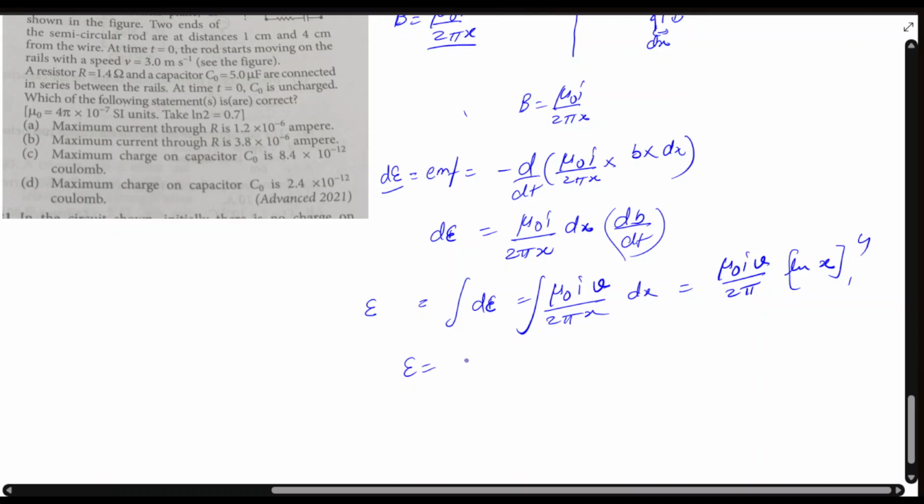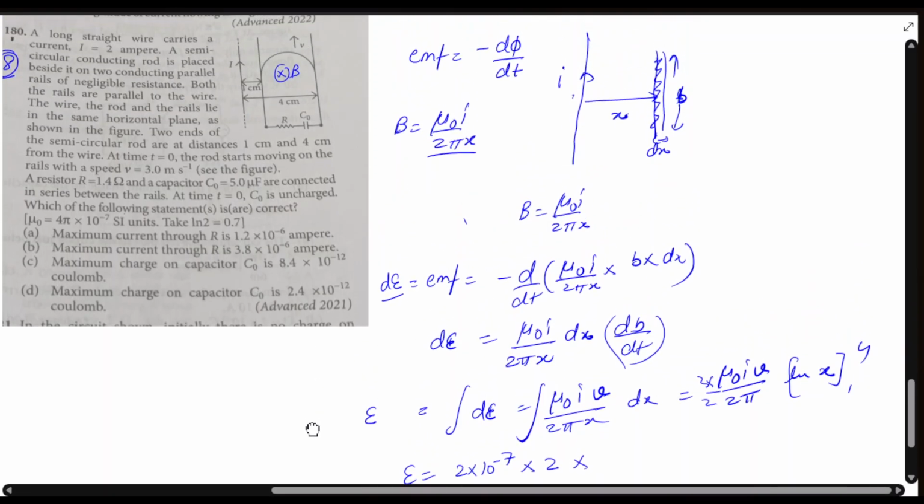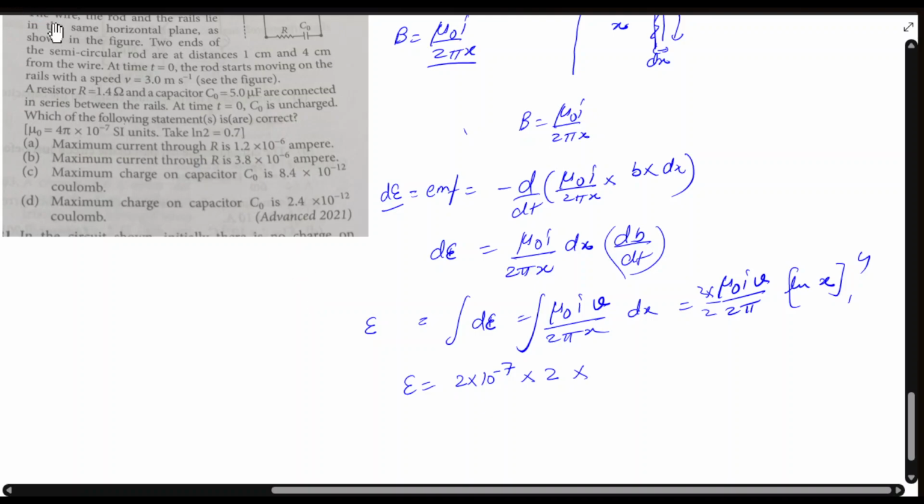EMF will be mu naught upon 2 pi, so it will be 2 into 10 raised to power minus 7. If you multiply by 2 and divide by 2, it will be mu naught upon 4 pi, and 2 will be this. Current I is 2, and V, the speed of this rail, is 3 meter per second. It is moving with the speed 3 meter per second.